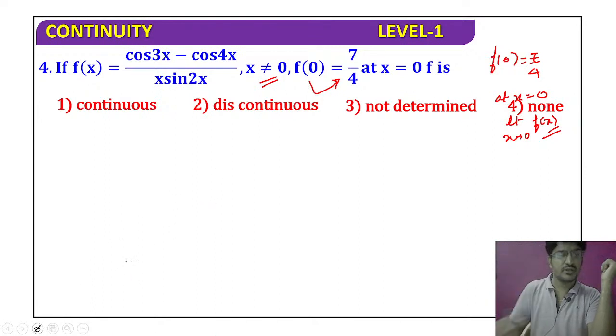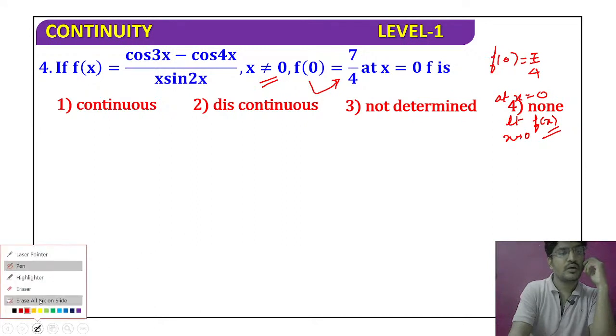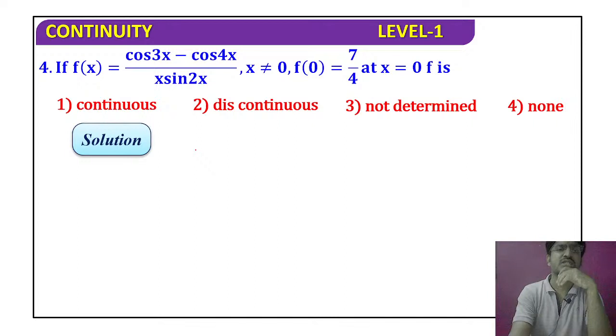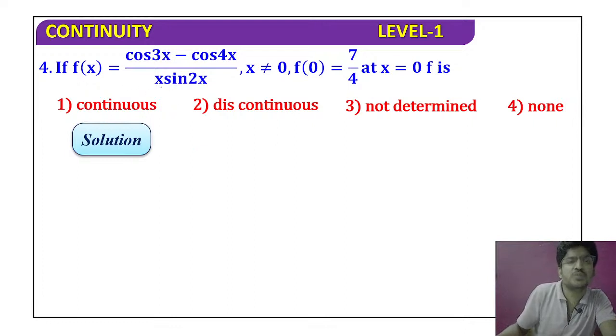From this we shall go for the solution of this particular problem. Here, if you want to apply L'Hospital rule, you have to apply the product rule for the differentiation.